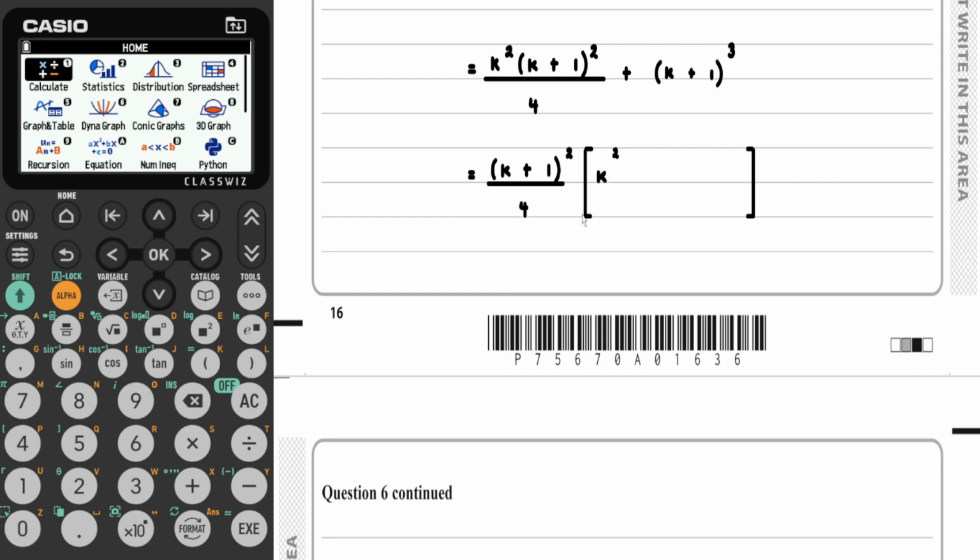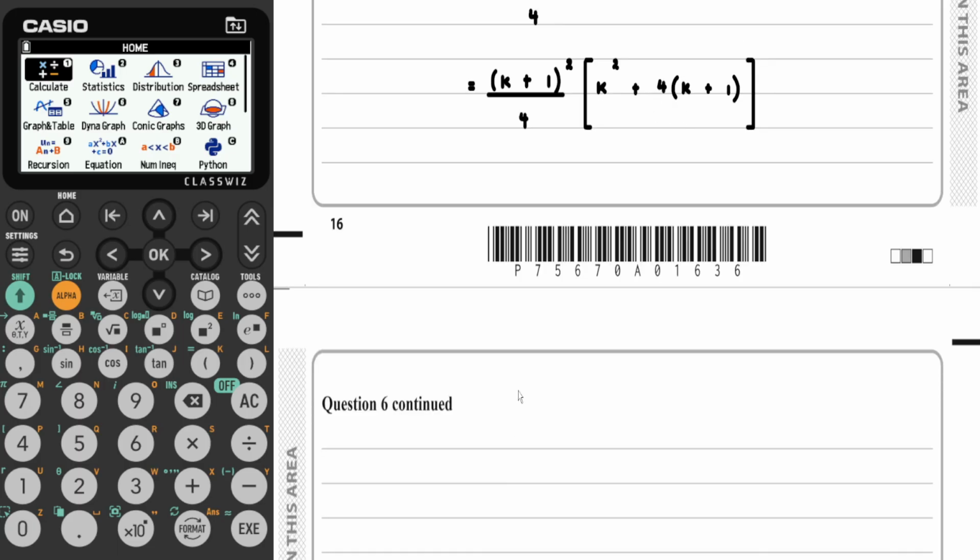And then I need to add on 4 multiplied by k plus 1, because k plus 1 squared times k plus 1 gives us k plus 1 cubed, and the quarter times the 4 gives us the 1. So I've got k plus 1 squared over 4, and inside this bracket we would have k squared plus 4k plus 4.